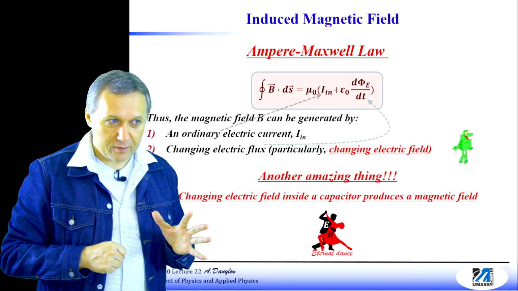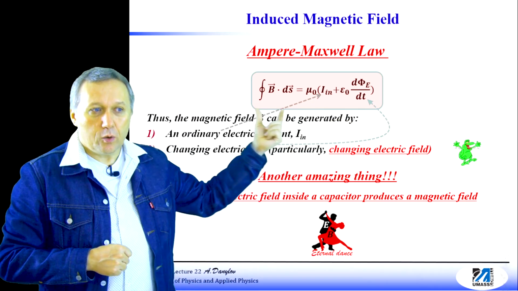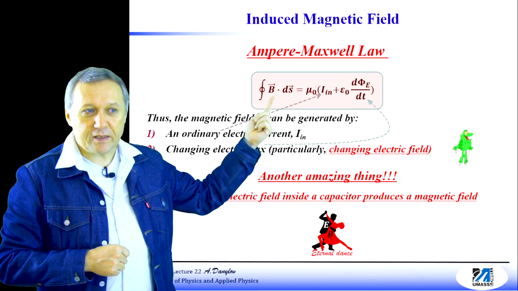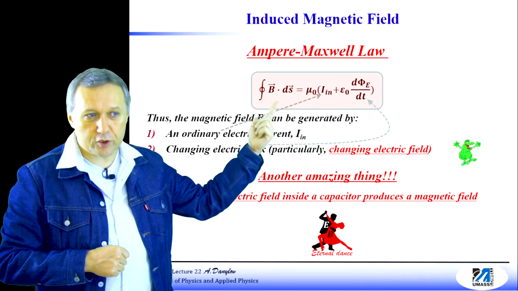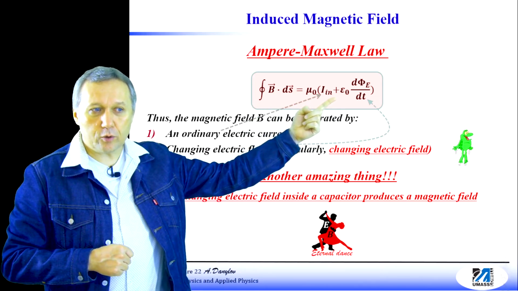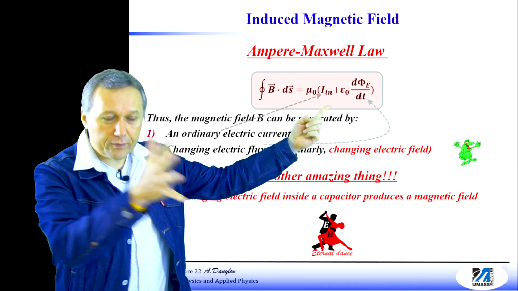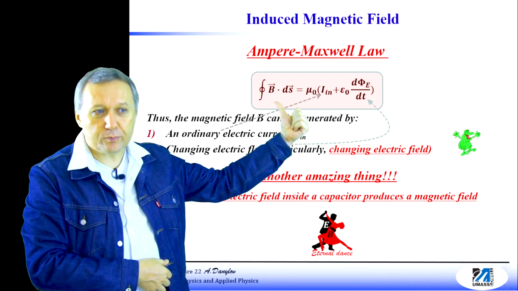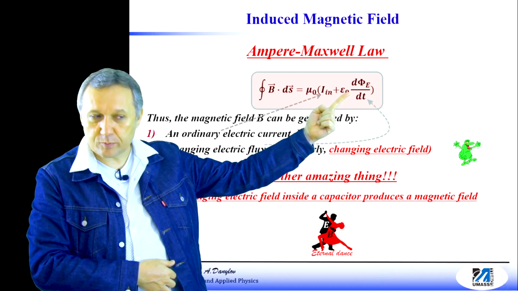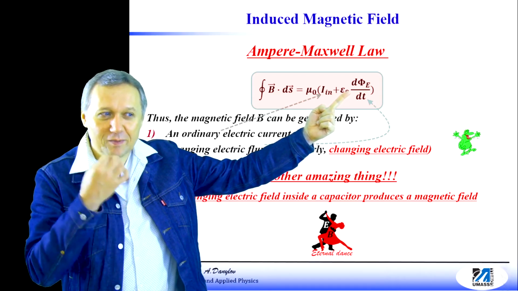And here we have the same structure. Left-hand side, magnetic field, which is produced by what? It's produced by actual current I in. Again, actual current is a drift of charges. And also magnetic field can be produced by this displacement current, which is actually just a changing in time electric field.